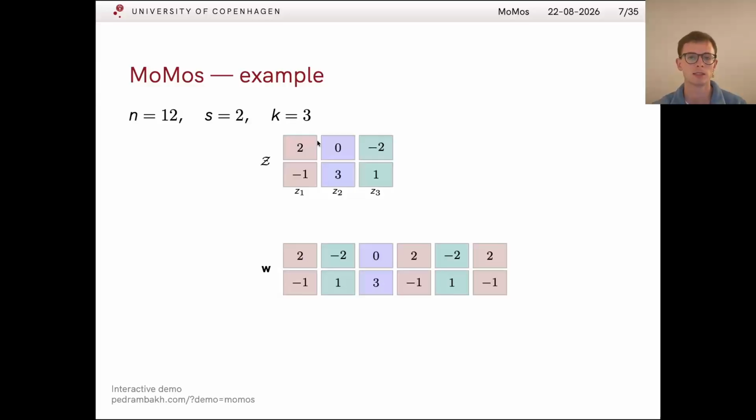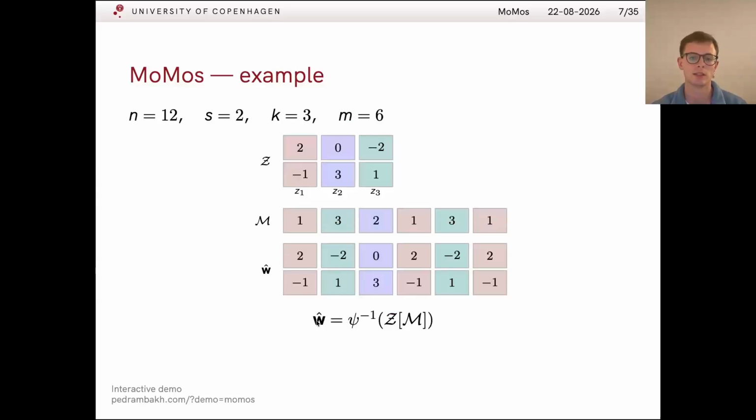Then it samples some codebook, some motifs, and to reconstruct the original neural network, you also need a mosaic, which are the indices that are used to reconstruct the original vector. So, for example, 1 says the first motif is used in the first block of the original vector. 3 means that the second block used the third motif. 2 means, and so on.